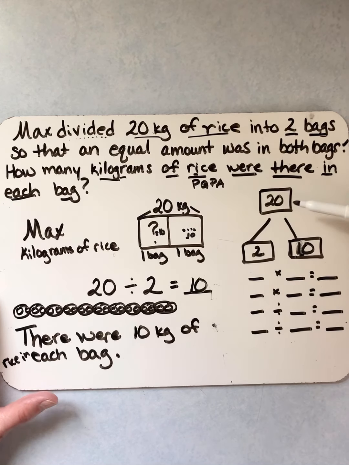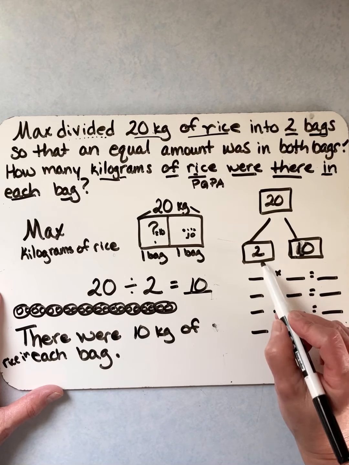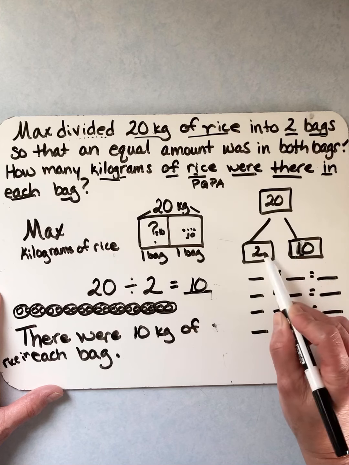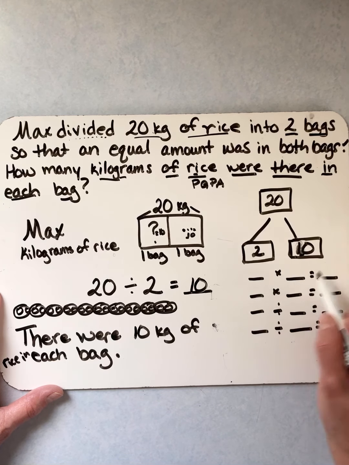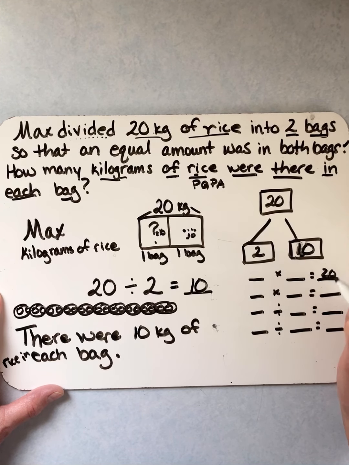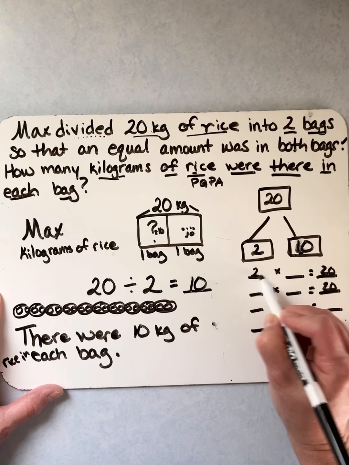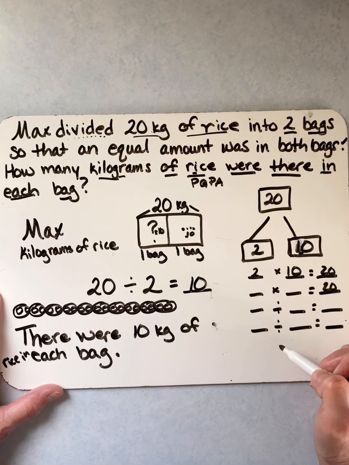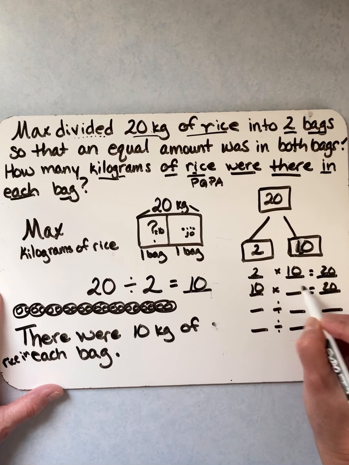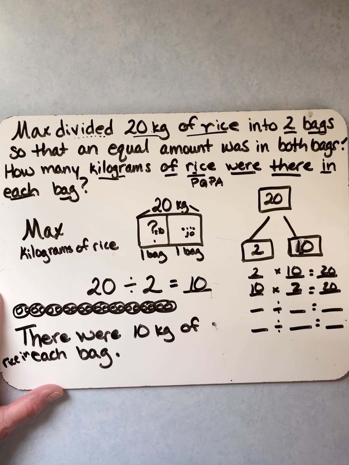In this fact family, we will only use a 20 and a 2 and a 10. Okay, and so you can start with your multiplication facts with the quotient is going to be 20. We know that because 2 times 10 equals 20. And you can flip-flop your multiples. 10 times 2 equals 20.